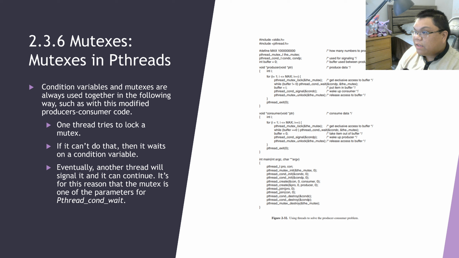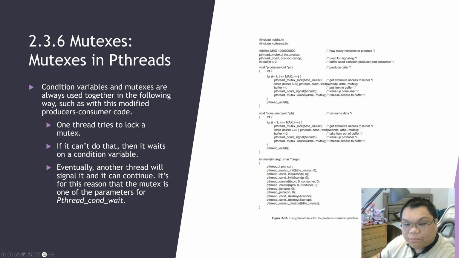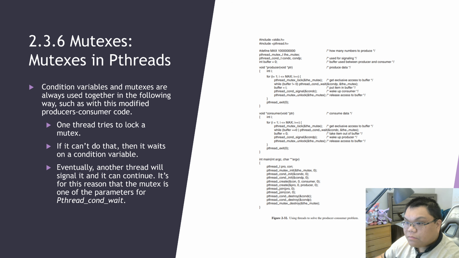So if we use condition variables as part of our solution to the producer-consumer problem, then we might have code that looks like this. So let me just put my camera out of the way. So one thread tries to lock a mutex. If it can't do that, then it instead waits on a condition variable.